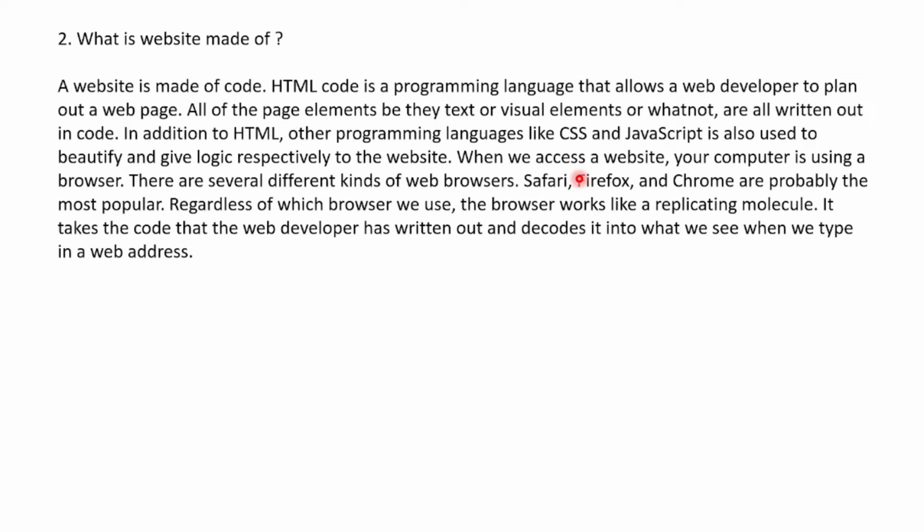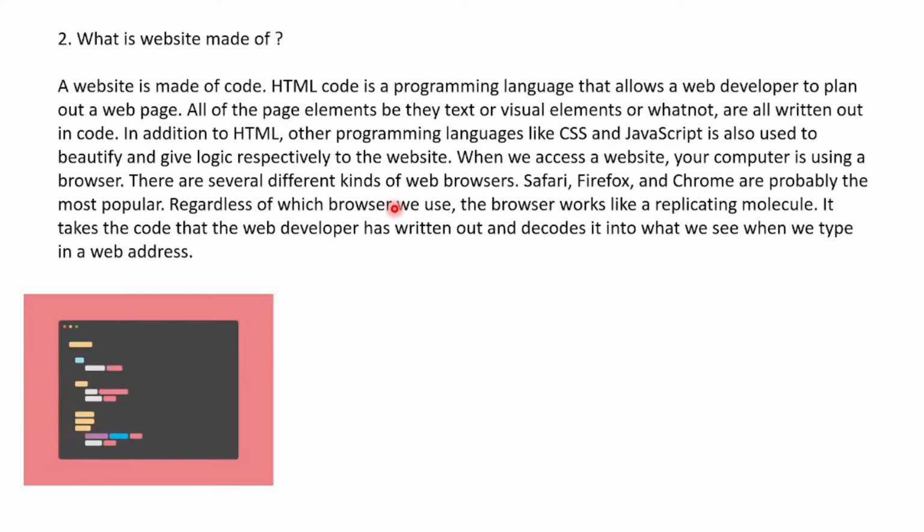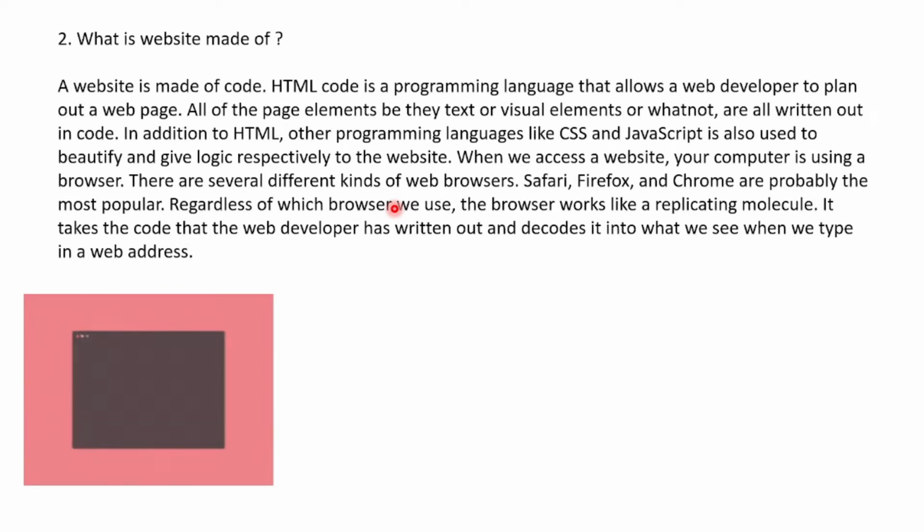So now we'll come to the next part. That is, what is a website made of? Now how can you actually say that whatever we are seeing, how it is created? This is a very important question that will come in your mind. So we don't have to read this whole thing. The important thing is that, let's suppose you have a website. So how is it created is very simple.